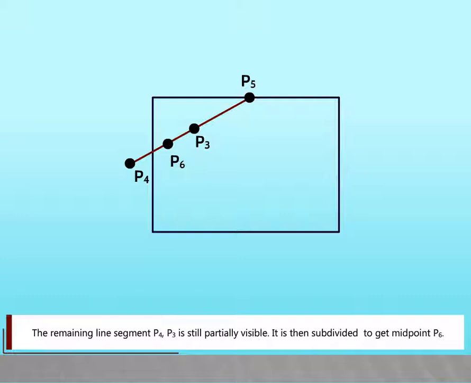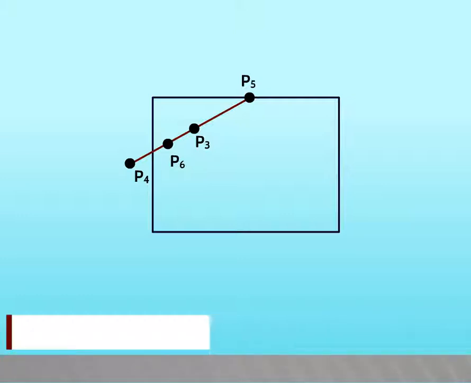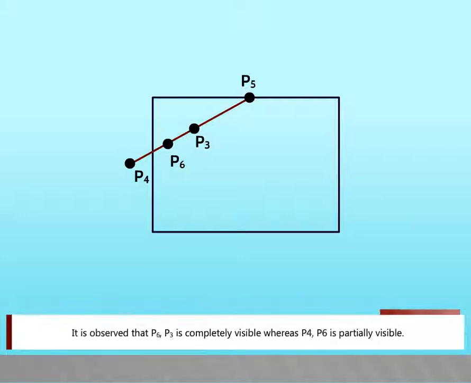The remaining line segment P4, P3 is still partially visible. It is then subdivided to get midpoint P6. It is observed that P6, P3 is completely visible whereas P4, P6 is partially visible.